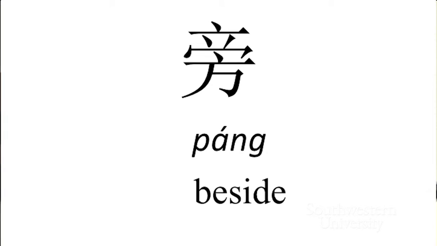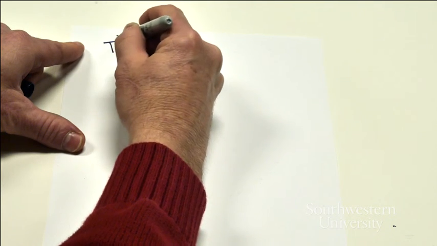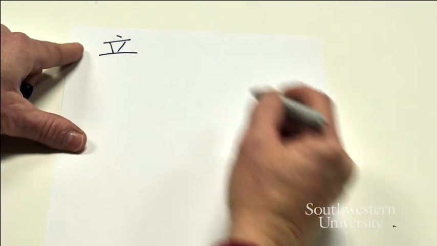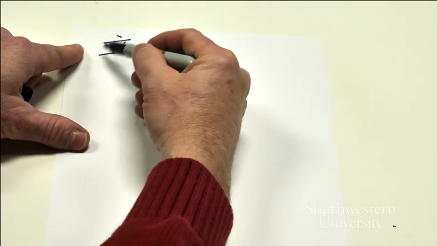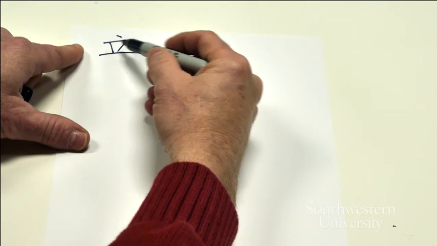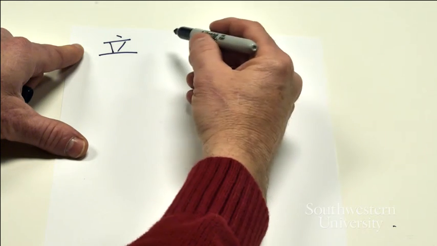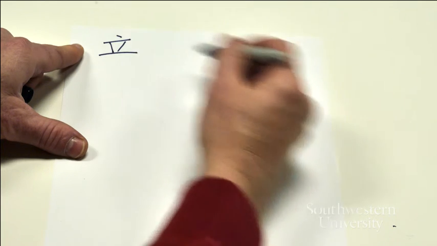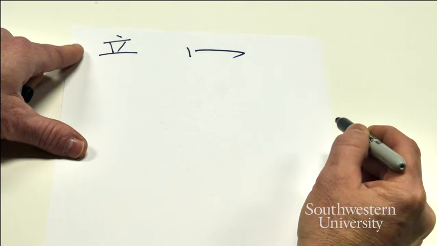Pong, to the side. This is phonetic. The top part, to stand, li. Maybe anciently that was a depiction of two people or a person with his legs. But that's only partial. The bottom part is actually this cover.